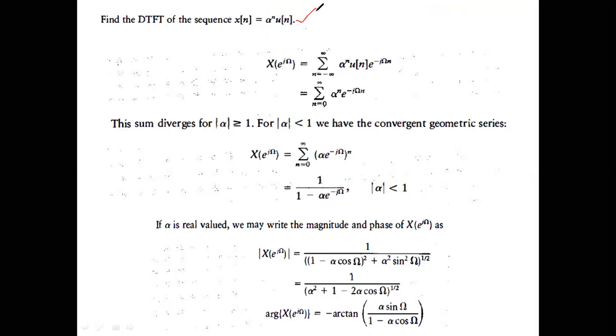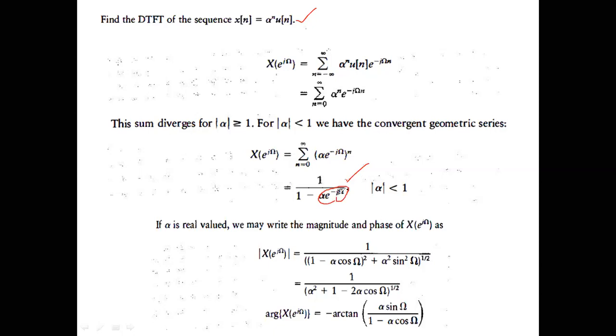To do that on a calculator, this particular form is not comfortable. E to the power j theta on a calculator, I don't think so. That is why we will split this thing.